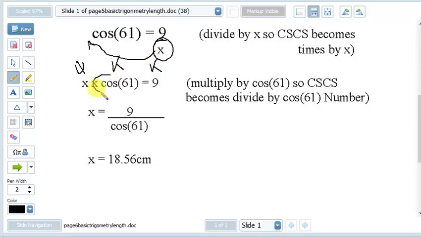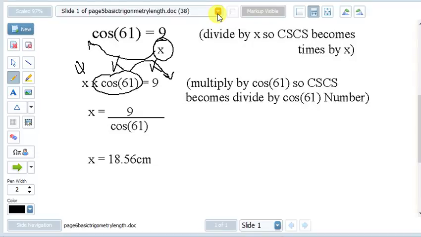So what we need to do is bring cosine of 61, because that's a number, across to this side, and times by cosine of 61, when we bring it over, becomes a divide by cosine of 61. So then it becomes x equals 9 divided by cosine of 61, by change side, change sign, and rounded to 2 decimal places, the answer is 18.56 centimetres.